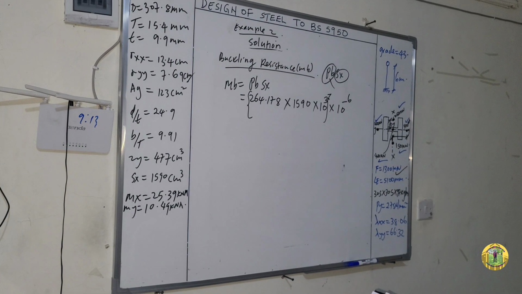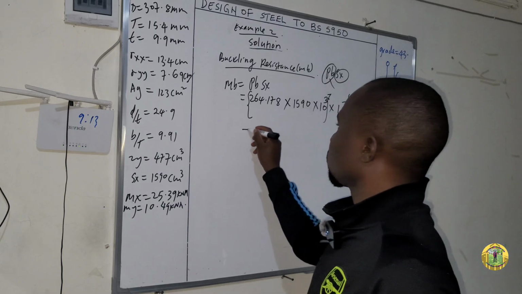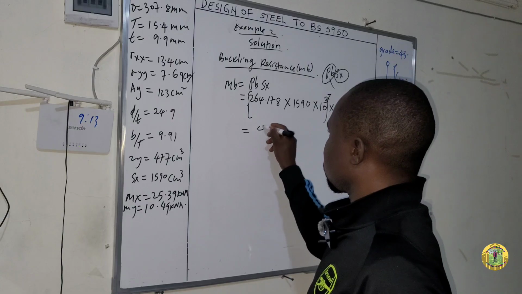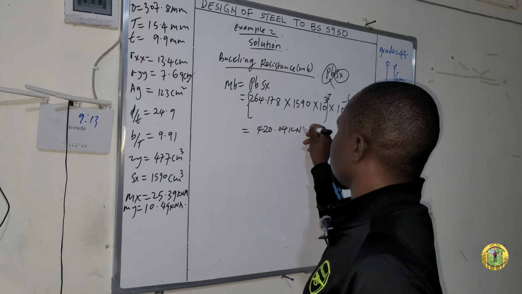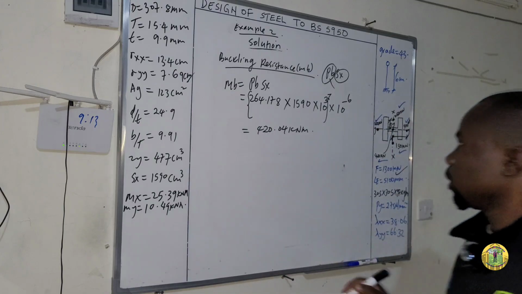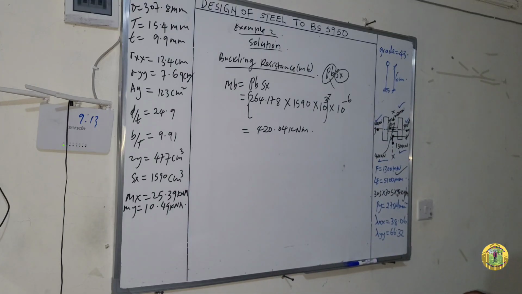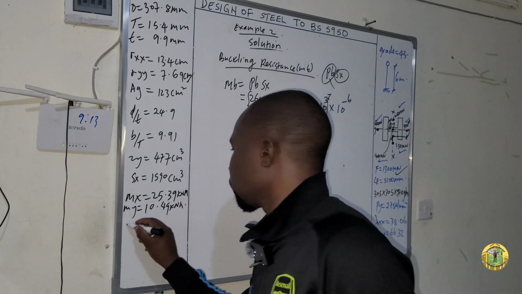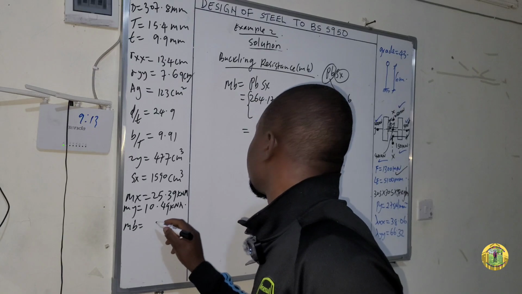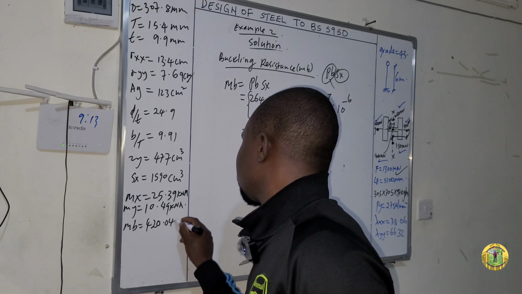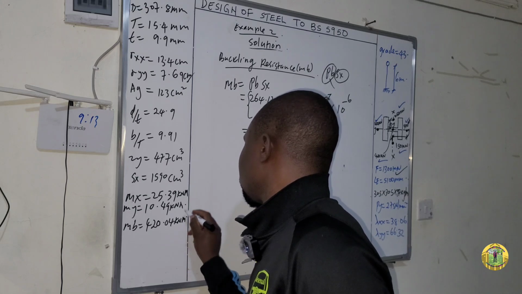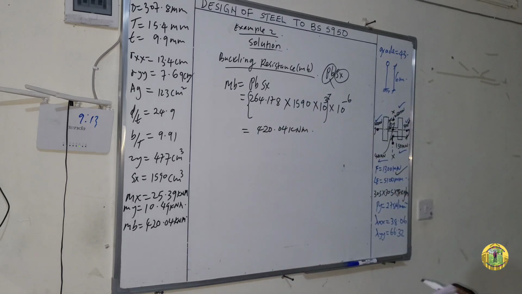So if you carry out the operation, you will get 420.04 kilonewton meter. So this is MB. You can come here and say MB is equal to 420.04 kilonewton meter.